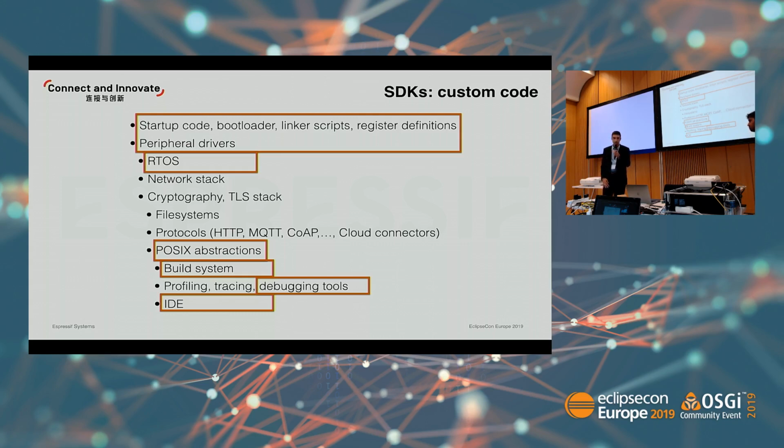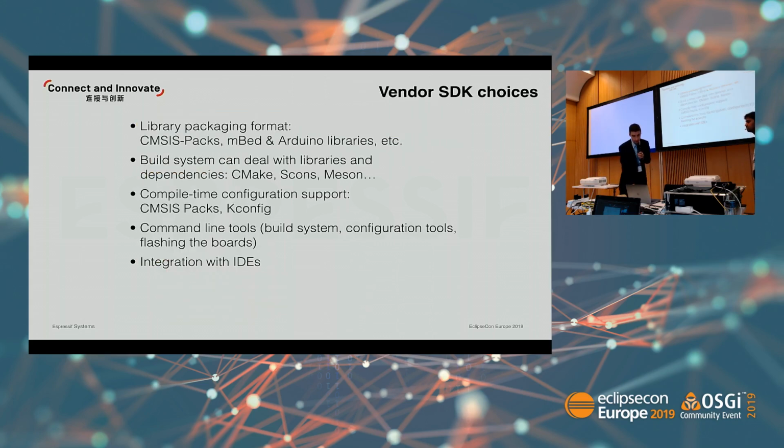And for my remaining couple of minutes, I would like to focus on the build systems. So what actually goes into the vendor SDK aside from the actual code? For C, there is no real standard for the build system, right? So you have lots of different build systems.